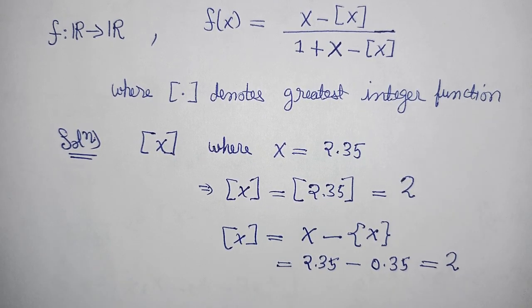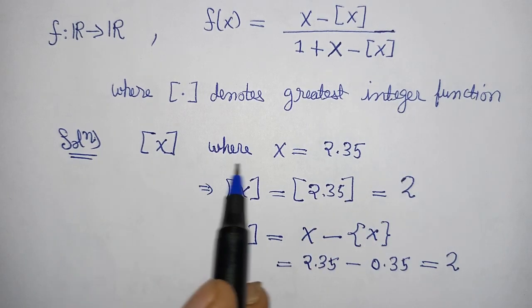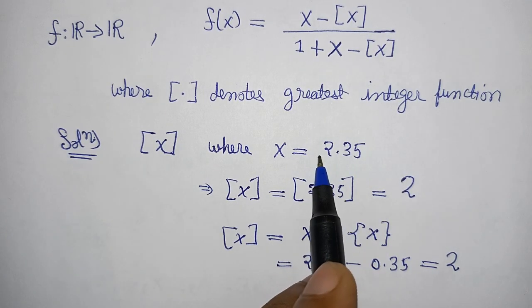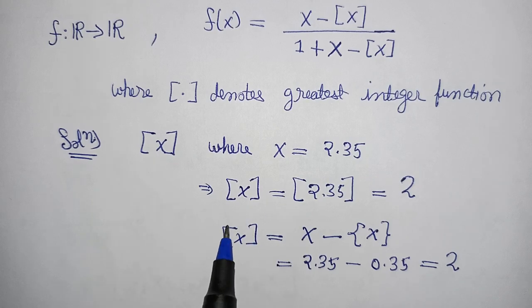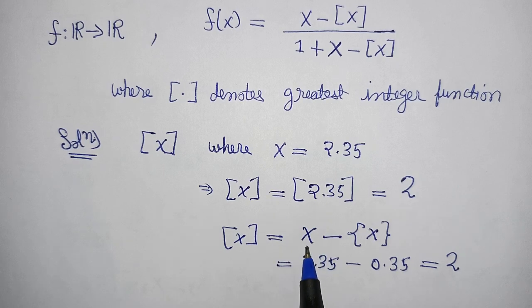So when you have to find the greatest integer function of any value x, you can write it as the original value minus the fractional part of the value, and you will get the greatest integer function value.